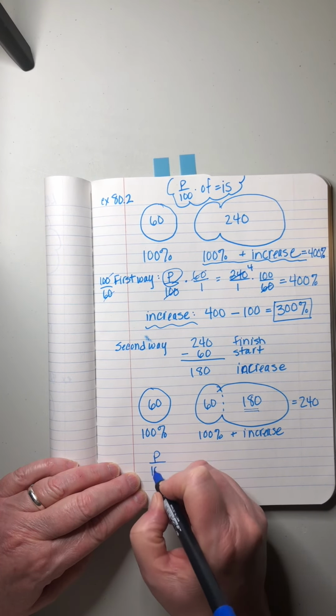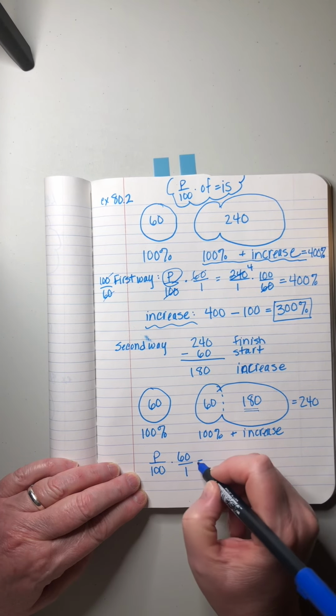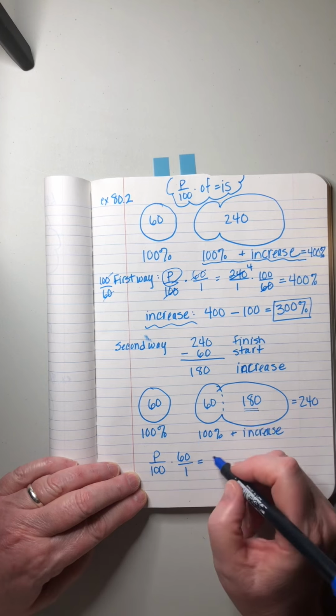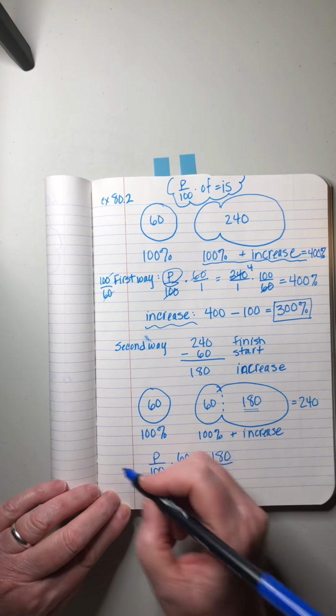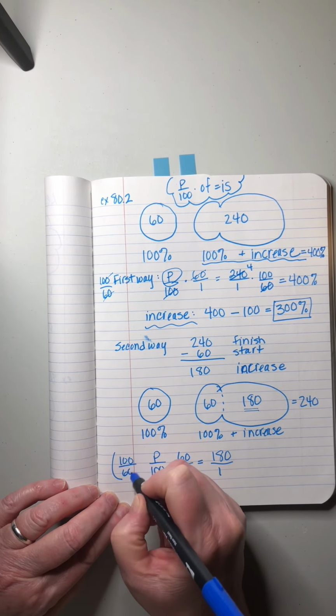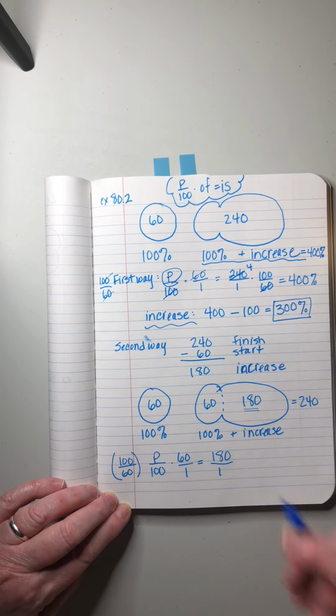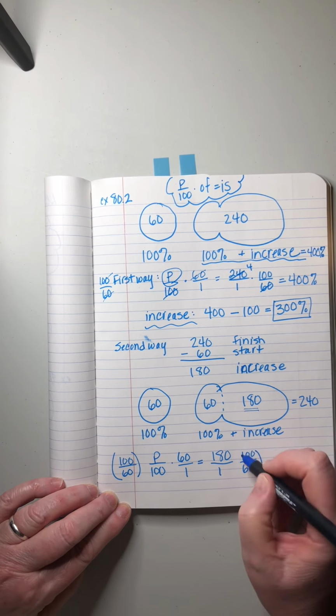So we will go P over 100 times the original group, 60 over 1, equals not 240, but 180 over 1. We'll do the same work here. We'll multiply by the reciprocal on both sides.